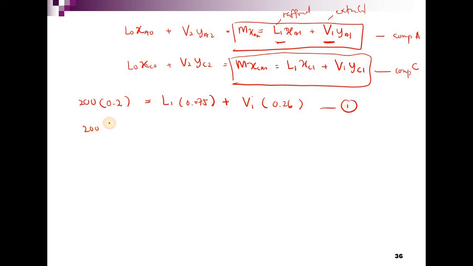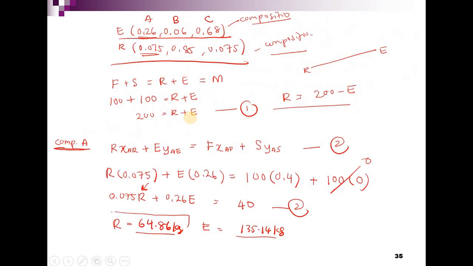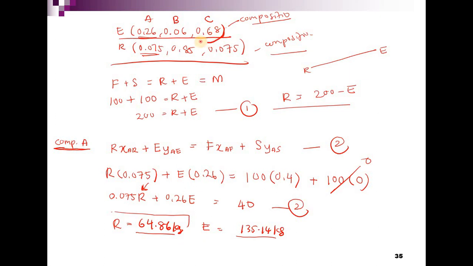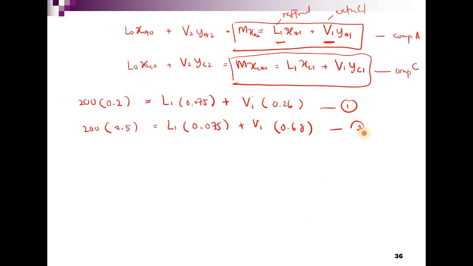On component C, 200 times 0.5 is equal to L1 times 0.075 plus V1 times 0.68. This is equation 2. So you can solve these equations to find L1 and V1.